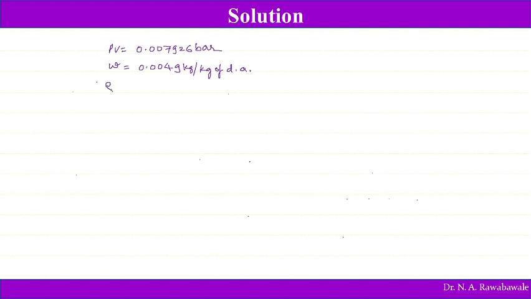Then vapor density rho v is equal to 0.00582 kg per meter cube of dry air. Then we obtained enthalpy H, which is equal to 34.74 kilojoules per kg of dry air. So this is how we obtain this information.